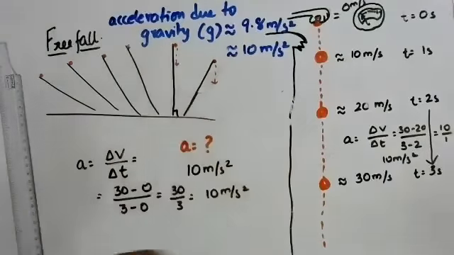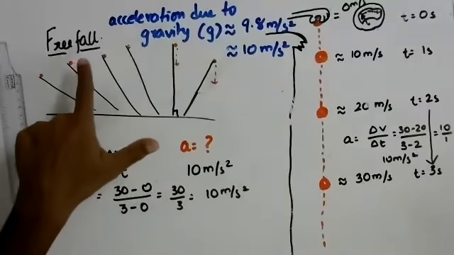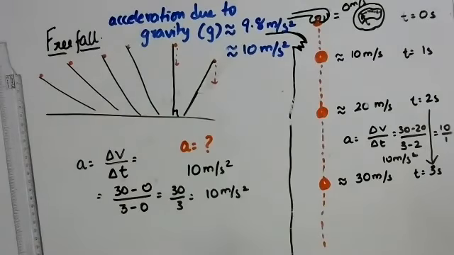So therefore, we say that we consider the object to be in free fall only if it is falling under the influence of gravity. There are no other resistive forces that are acting on the body. If and only if that happens, we call it free fall. So on the surface of the earth, does it happen?